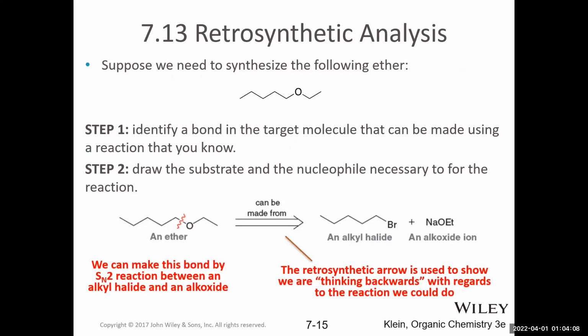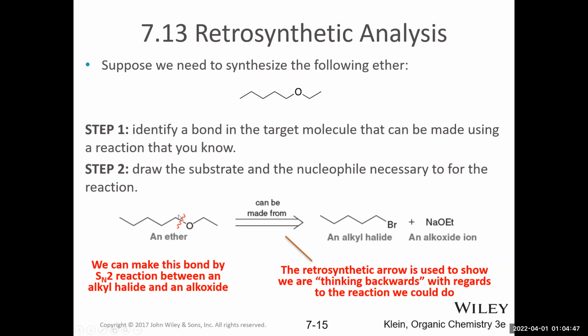And we can use retrosynthetic analysis, for example, to think about how we could synthesize this ether. So if we look at this ether and ask, how can I make this? We want to think about what bond could I target to make, because I know a reaction that will make that bond. So for example, you might figure out that you can make this bond. Retrosynthetically, you would break this bond into 2 pieces, a substrate and a reagent that you could use to make that bond.